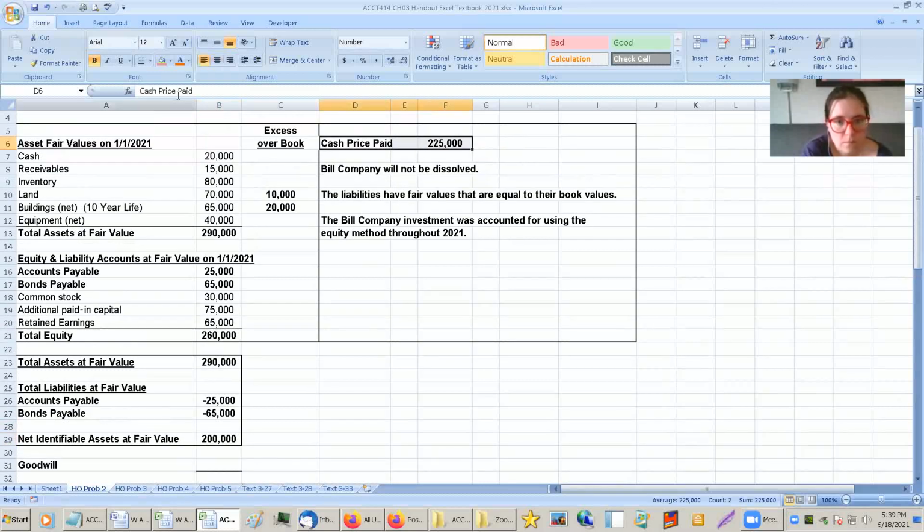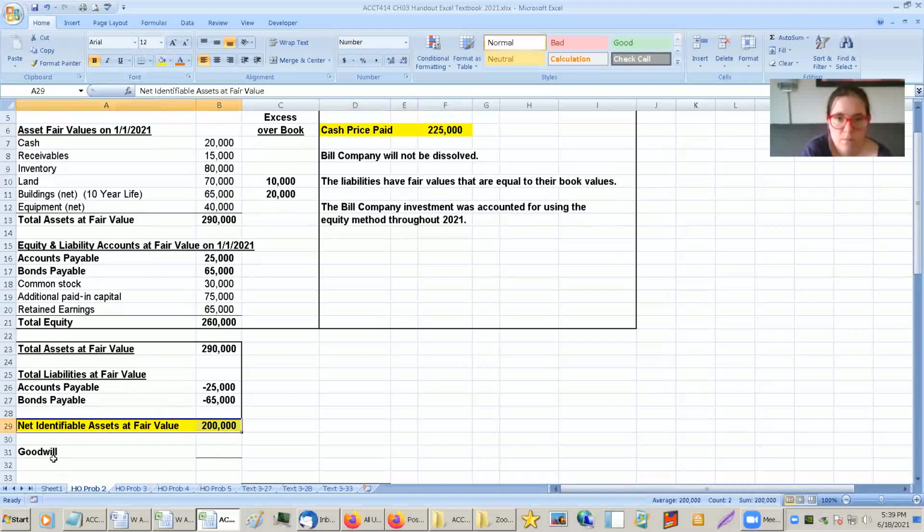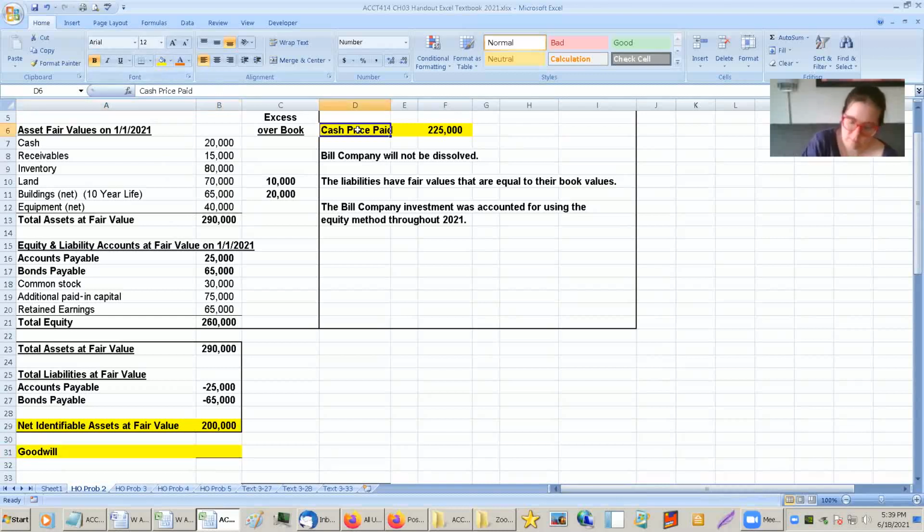We paid 225, so the goodwill must have been 25.